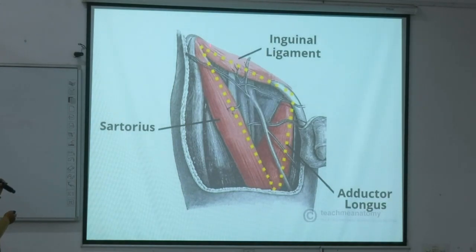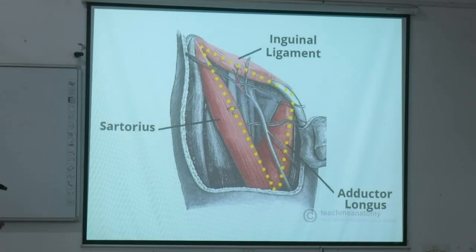So this is the boundary, the yellowish line is representing the boundary. Here is the sartorius, lateral boundary, and adductor longus. See here, this adductor longus is also forming the floor and also forming the medial border of the triangle. Here the base is formed by the inguinal ligament.